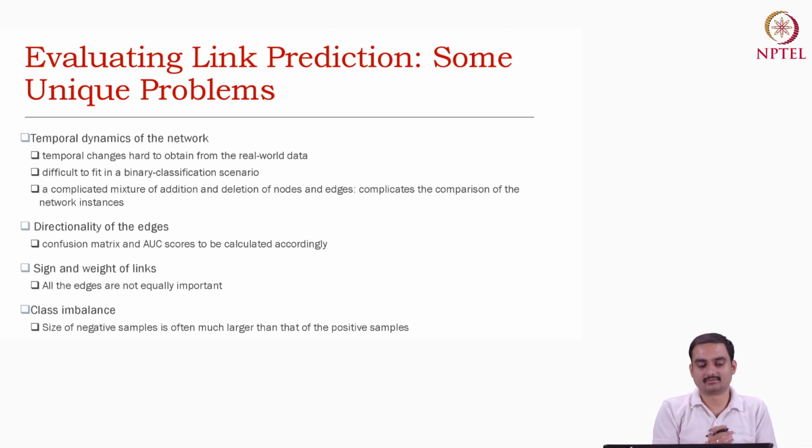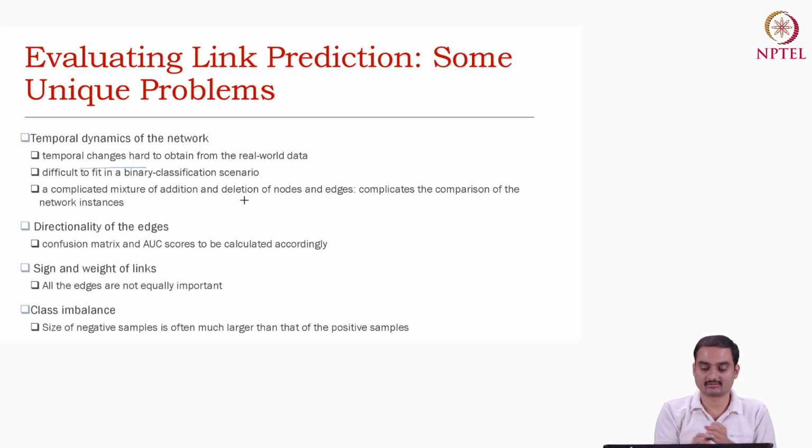The unique problems of link prediction we have already discussed. The first problem is that it's very difficult to collect temporal information, right? So this temporal change is hard to collect. Oftentimes we look at a mixture of addition and deletion, but when we talk about link prediction, we generally only focus on addition of edges.